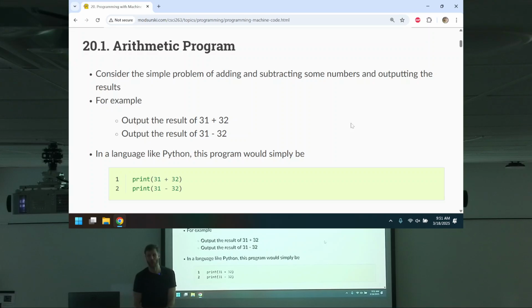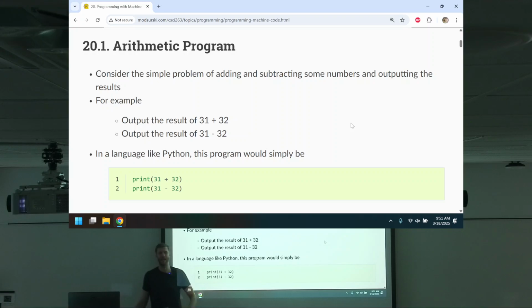We're going to be writing machine code. We're going to be writing the zeros and ones for the instructions and the data that we want to execute. Now, we're also going to do it in hex because it's slightly easier, but it's still machine code. It's zeros and ones effectively, low voltages and high voltages.